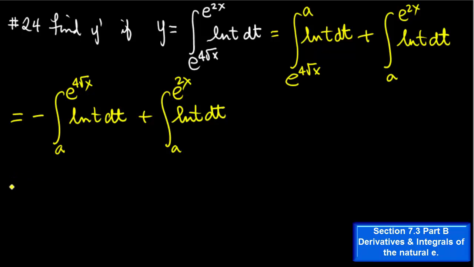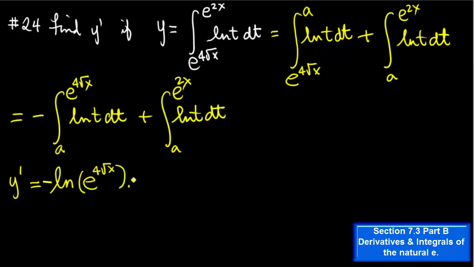We can now say that y prime is equal to, all right, how do we do that? Okay, so remember, you just drop the integral sign, evaluate natural log of t at the upper limit. So it's going to become the natural log of, instead of t, we apply e to the 4th root of x.